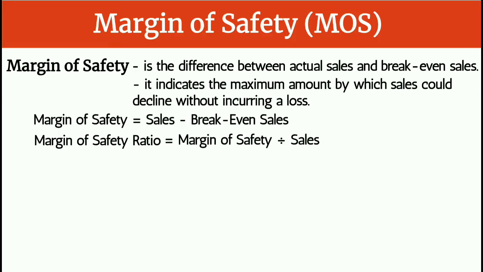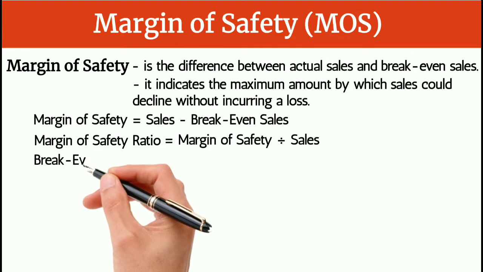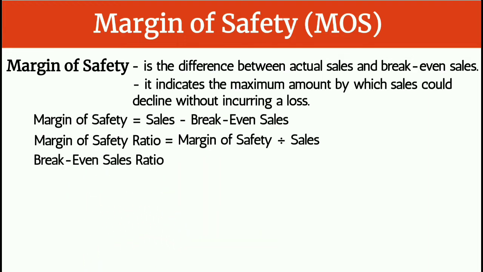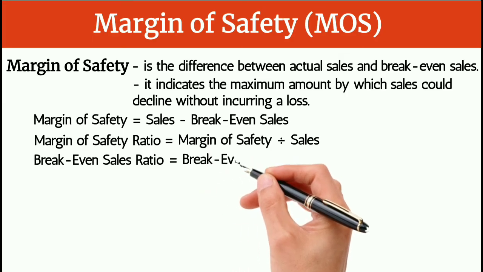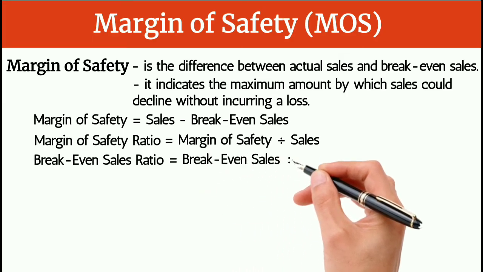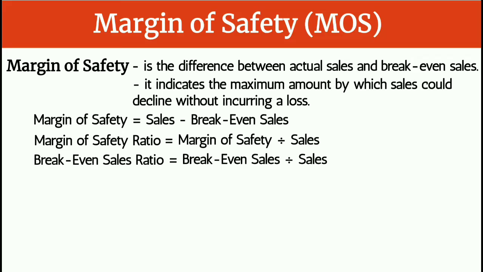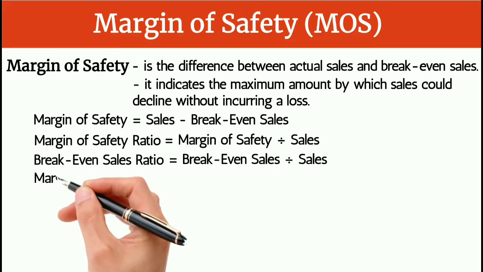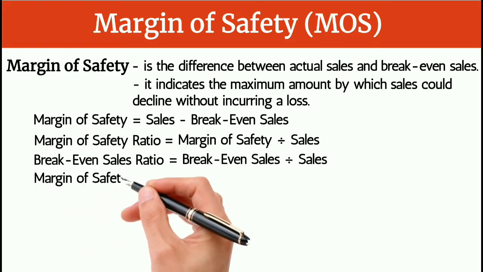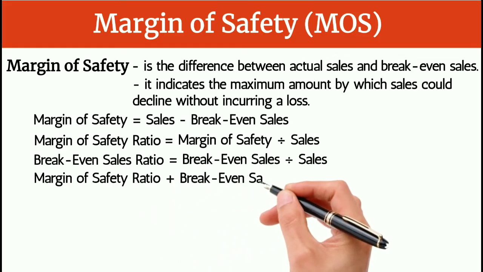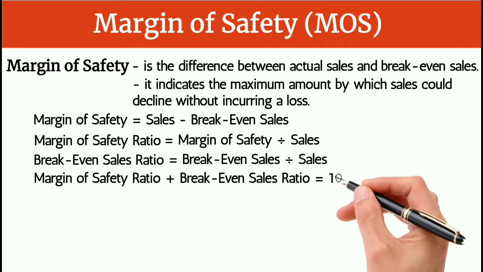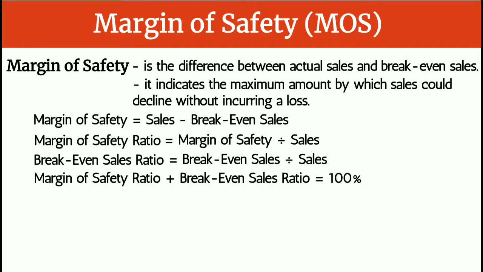Kung merong margin of safety ratio, meron ding break-even sales ratio. Break-even sales ratio is break-even sales divided by sales. Take note na kapag pinagsama natin yung margin of safety ratio or break-even sales ratio, that is always equal to 100%.